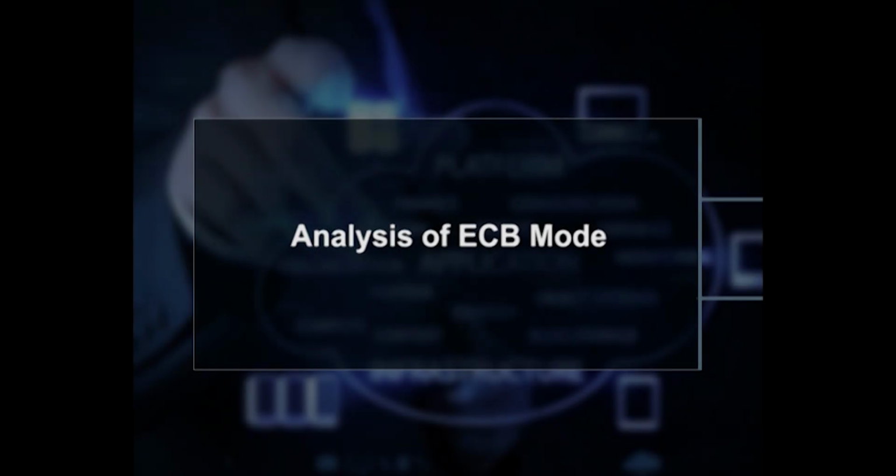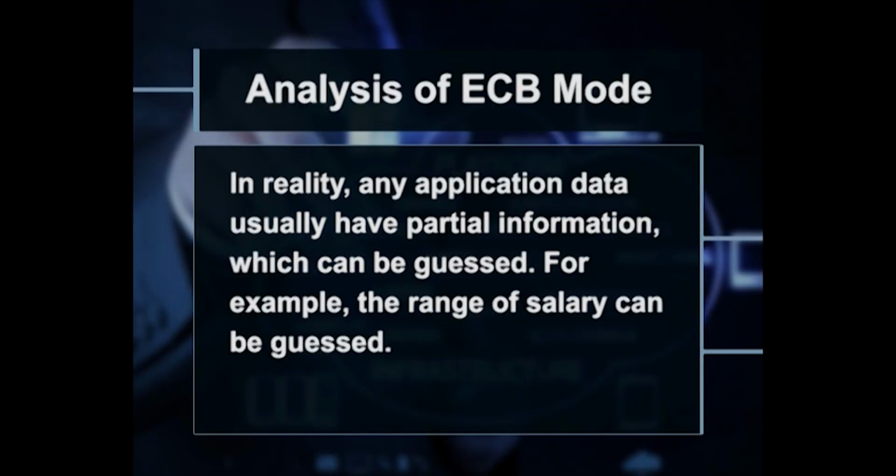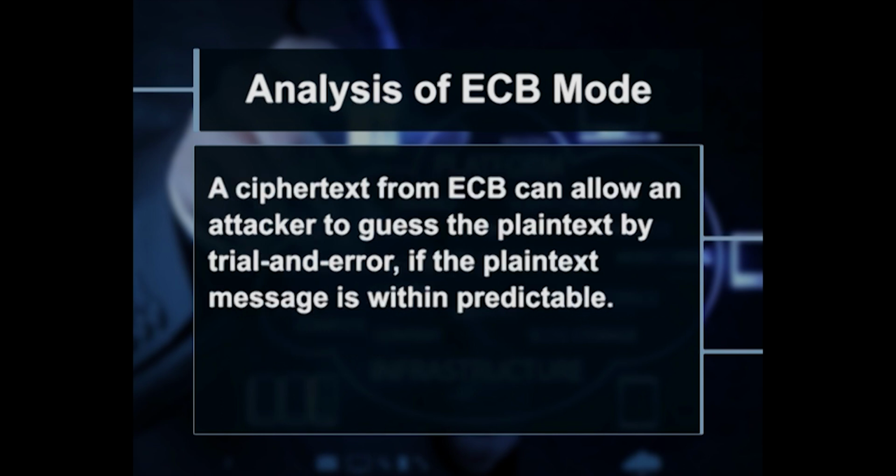Analysis of ECB mode. In reality, any application data usually has partial information which can be guessed. For example, the range of salary can be guessed. A ciphertext from ECB can allow an attacker to guess the plaintext by trial and error if the plaintext message is predictable.